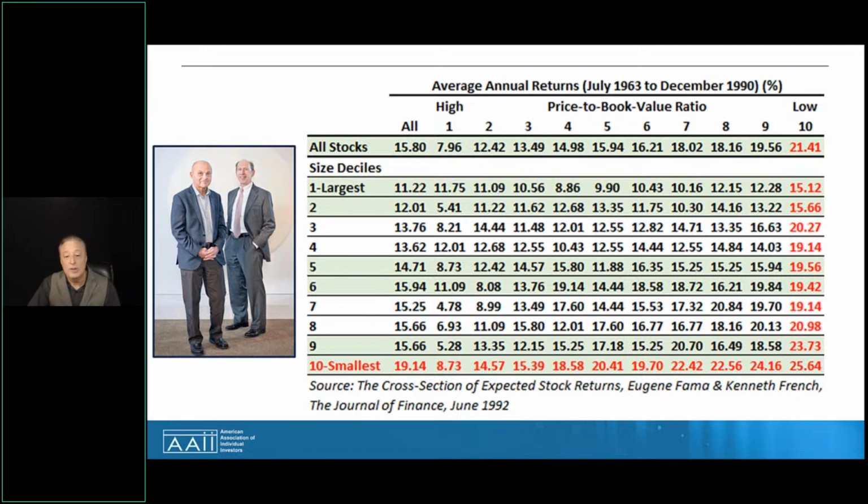As they showed in a study from 1963 to 1990, stocks with the lowest price to book value ratio, right here, outperformed stocks with the highest by over 13% per year. It's this type of research and these types of factors and why we use Metastock to develop systems. And it's also what we base AAII's fundamental stock screens on.